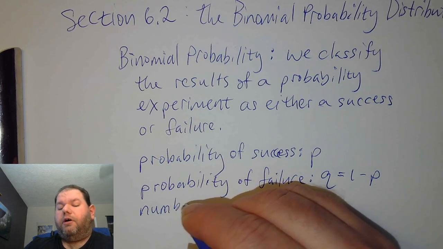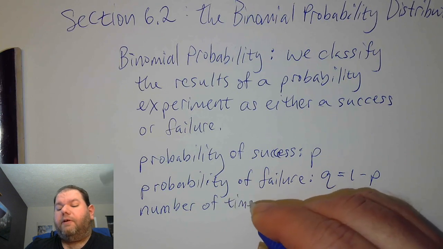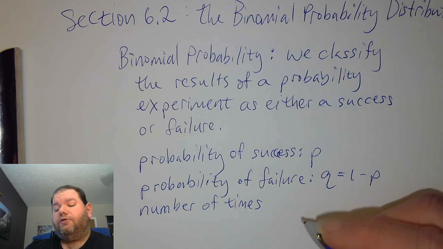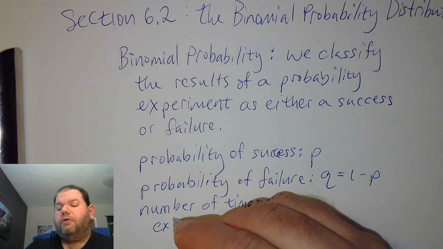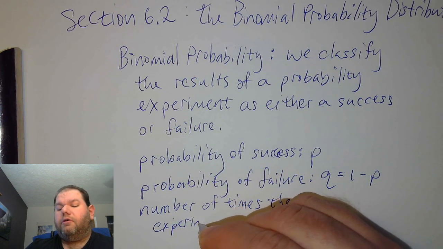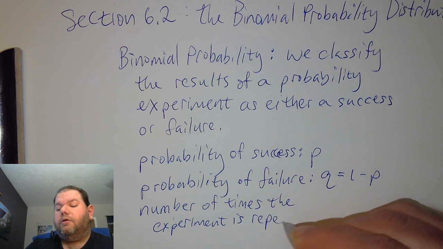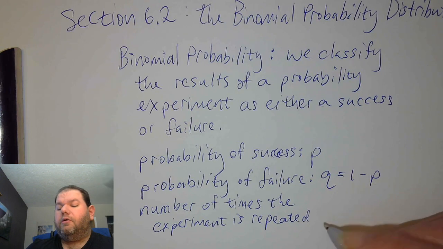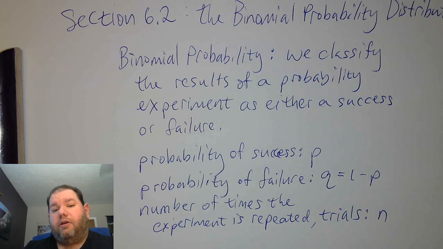Now, the number of times the experiment is repeated is called trials. Now we use the notation N to represent the number of trials.